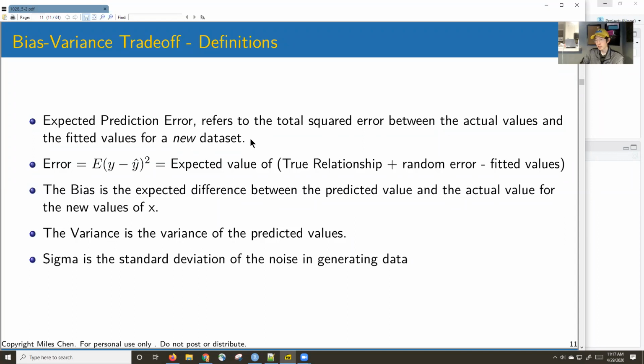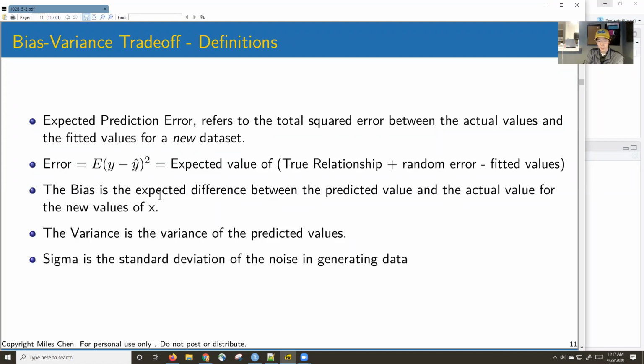What we want to know is how well this model will perform on new data we haven't seen yet. So this error is y minus y hat, squared, and we want the expected value of that.